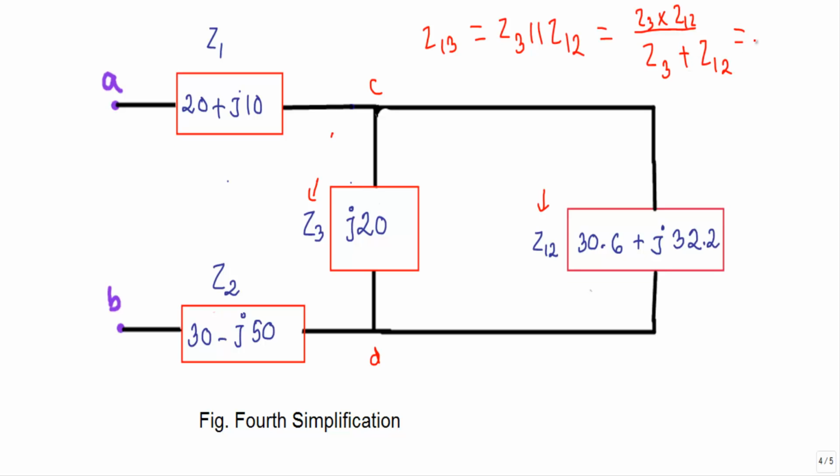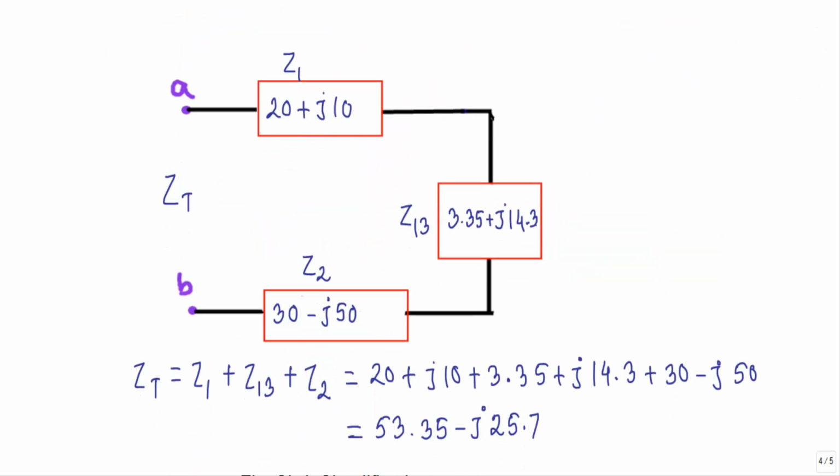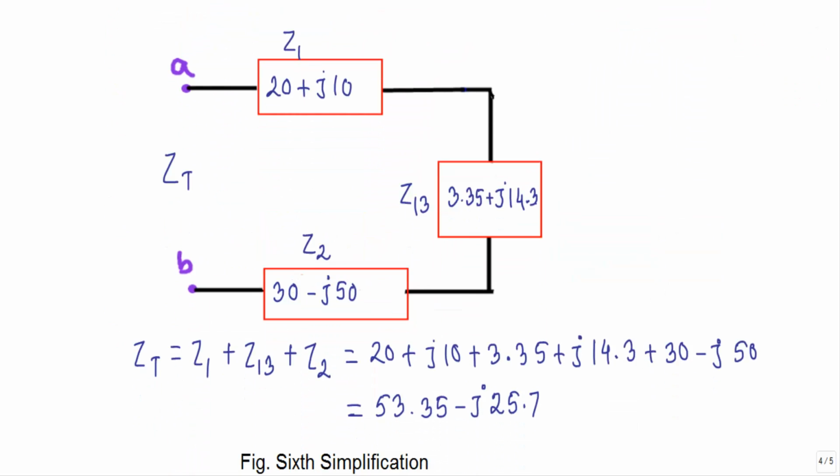That will be equal to 3.35 plus J14.3. So I will replace these two impedances with Z13. And see, this is our final simplified circuit. I have replaced those two impedances between C and D terminals with Z13.